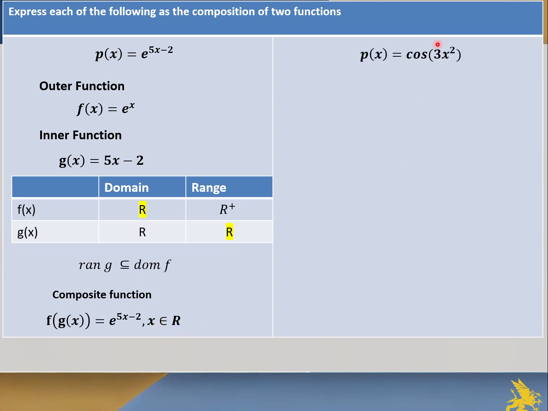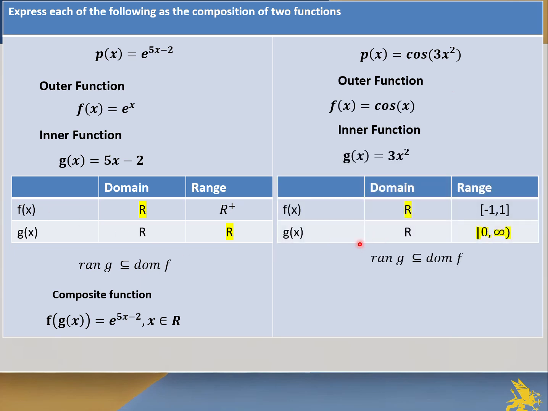Let's look at the next one. We've got p of x is equal to cosine 3x squared. So straight away, my outer function is going to be cosine. My inner function will be what's happening in here, where I'm pointing, which is 3x squared. I'm doing the table just to check that relationship.